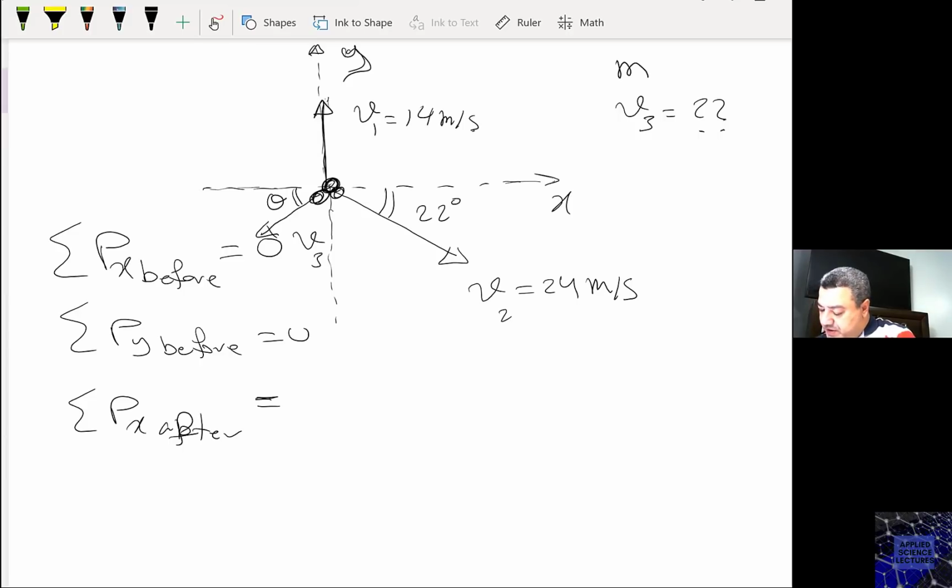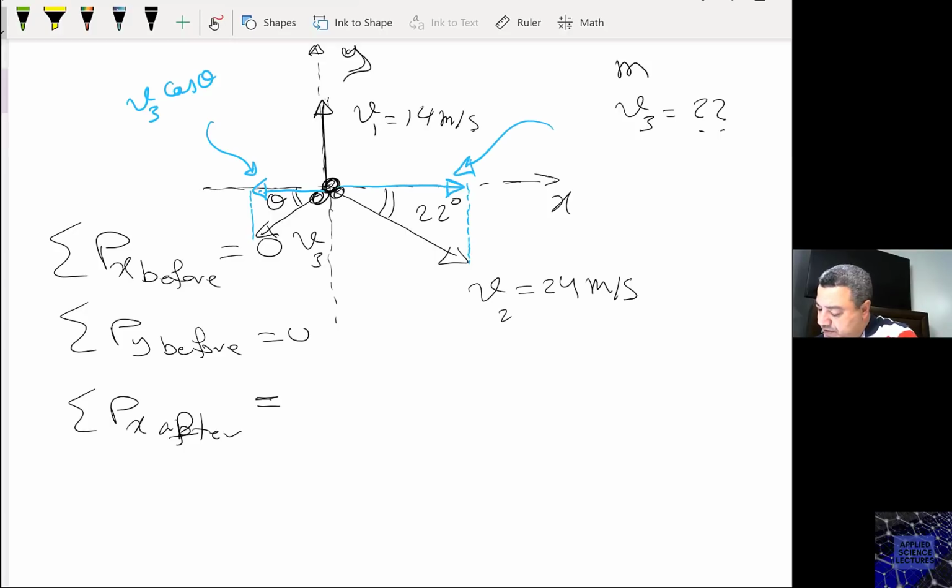So let me see here. What do I have on the x? Let me do the x this time with the blue. So this is v3 cosine theta.